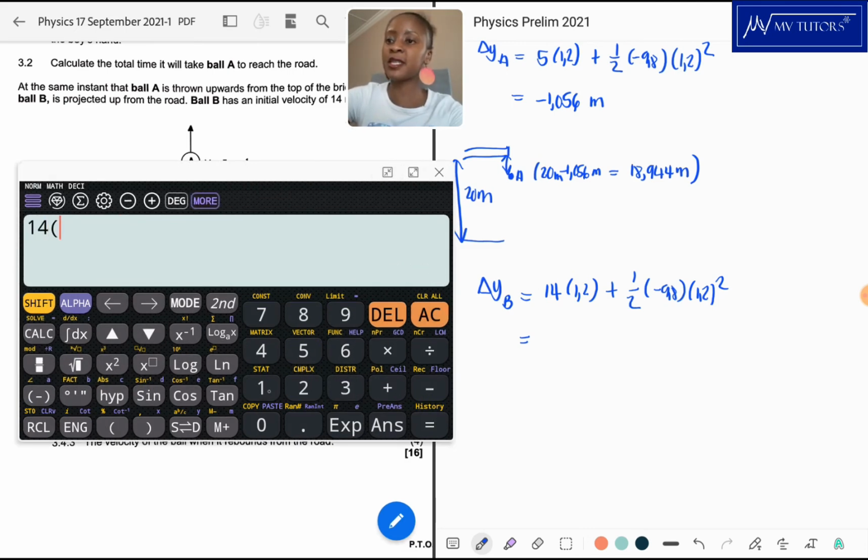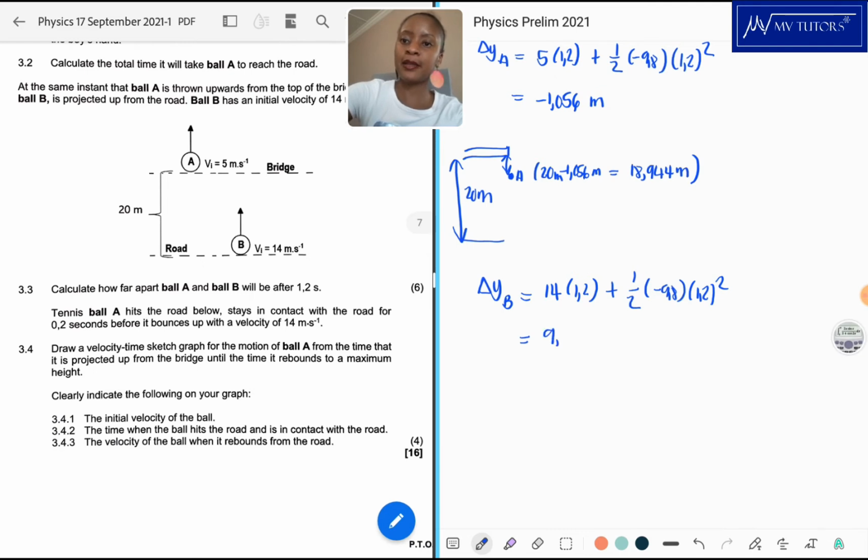So we have 14 times 1,2 plus a half, negative 9,8, and then multiplied by 1,2 squared. Okay, so that is 9,744. Okay, 9,744. So above the road.